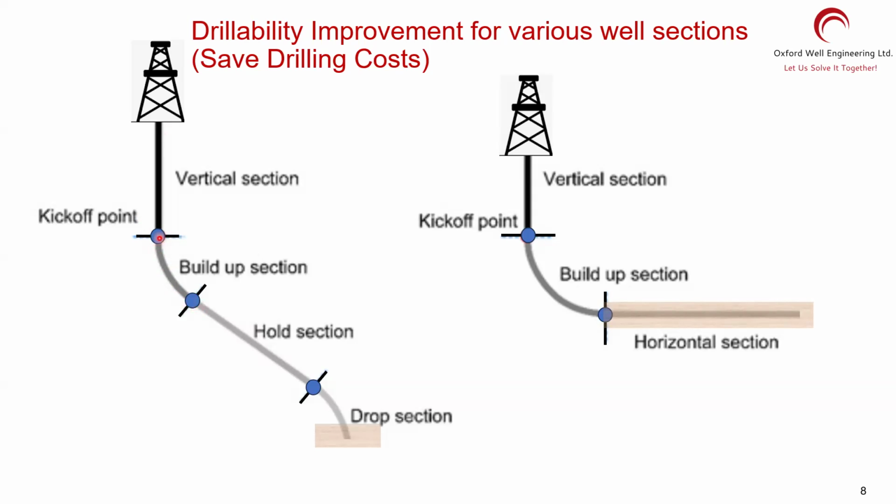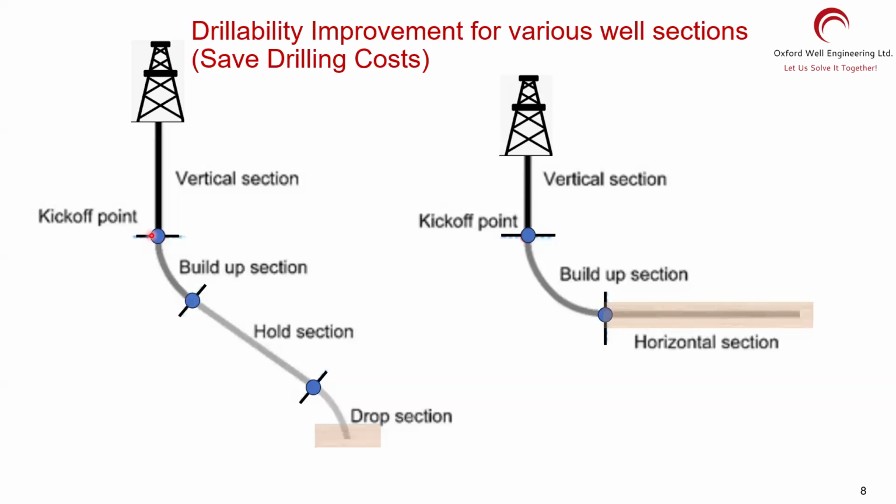Each of these points, which I have quoted, the build section, the hold section, is carefully arrived at. From where to where I need to hold, from where to where I need to build, what inclination do I need to build, what dogleg I need to build, what technology I have to have.